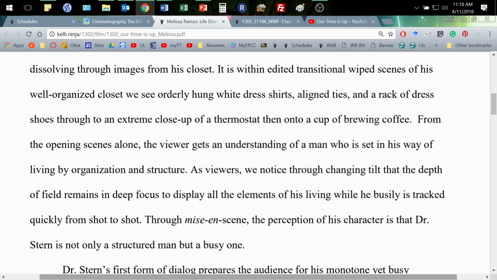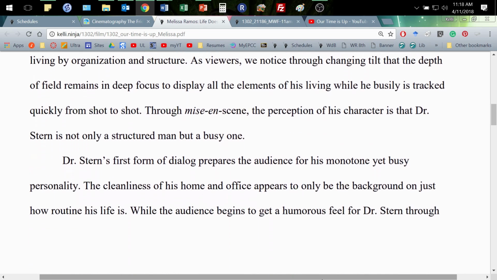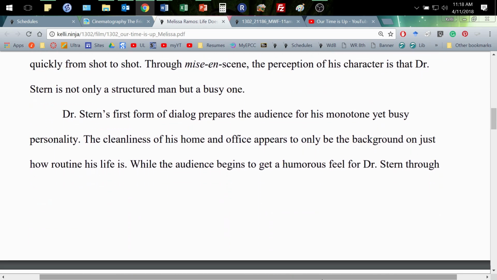Then she moves on and she says, Dr. Stern's first form of dialogue prepares the audience for his monotone yet busy personality. The cleanliness of his home and office appears to only be the background on just how routine his life is.